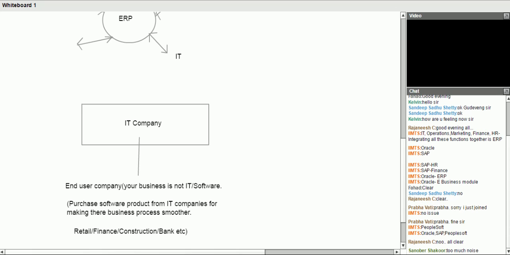So these companies purchase products from the IT companies. These are different end user companies which purchase products from the IT companies.